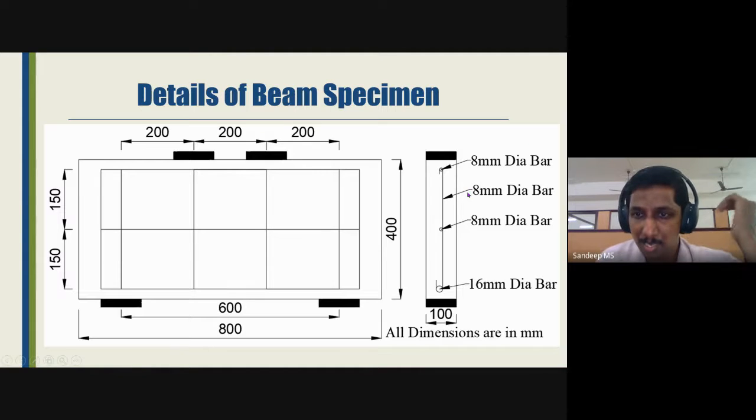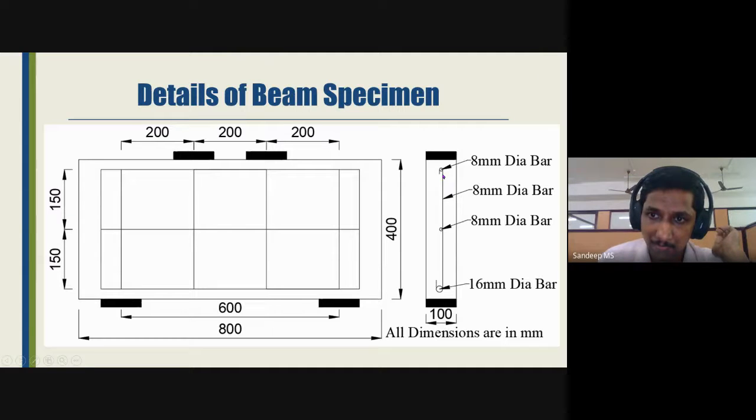Please note, I have given the reinforcement in a mesh form. If you take the cross section, you can see we have only reinforcement provided as a mesh in the middle layer. The total dimension is 800, whereas the span is just 600.